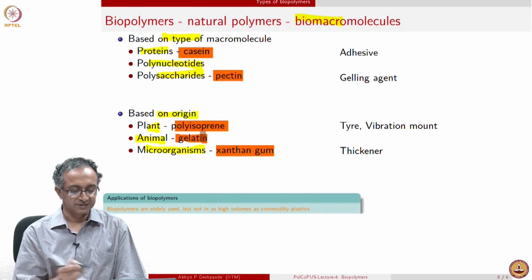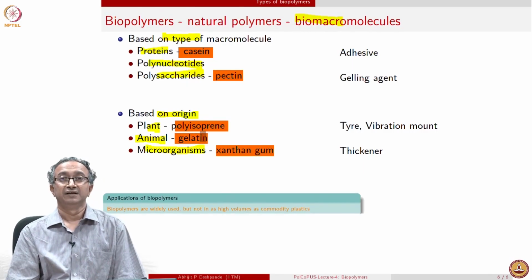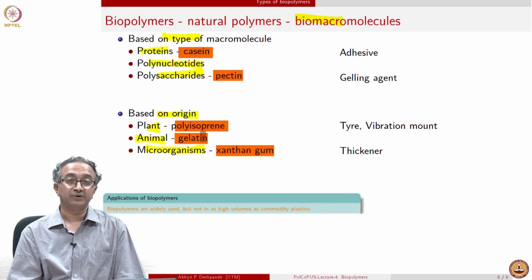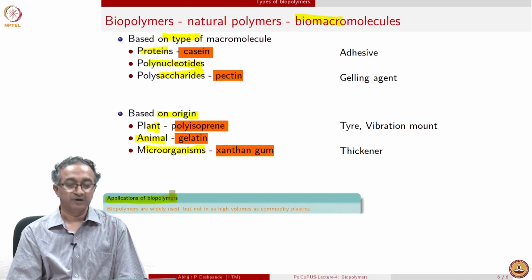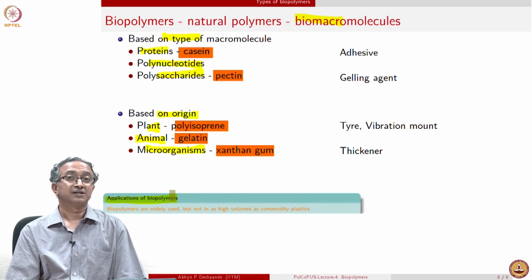Of course, we have examples like gelatin, which comes from animals, and during the course later on we will have a chance to look at many of these polymers. One important thing that you can notice is, of course, that these polymers are used. So, it is not that only synthetic polymers are used, a lot of natural fibers are used, as I pointed out earlier. Many of these biopolymers are also used quite commonly for a variety of applications.